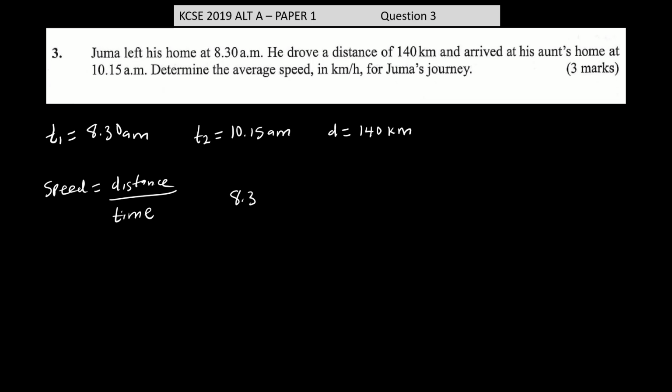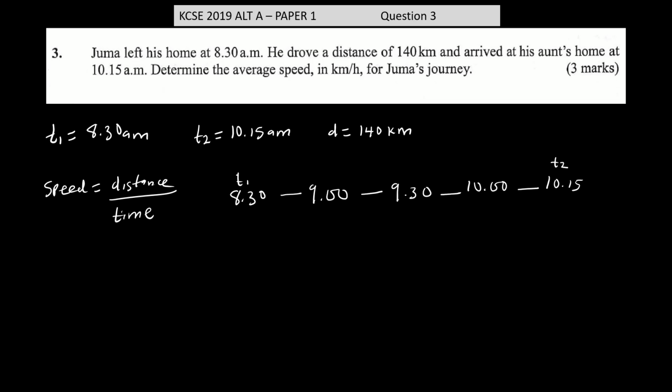From 8:30 to 9 o'clock to 9:30 to 10 o'clock to 10:15. This is what we have. We have 8:30, which is the starting time, and 10:15, which is the ending time.